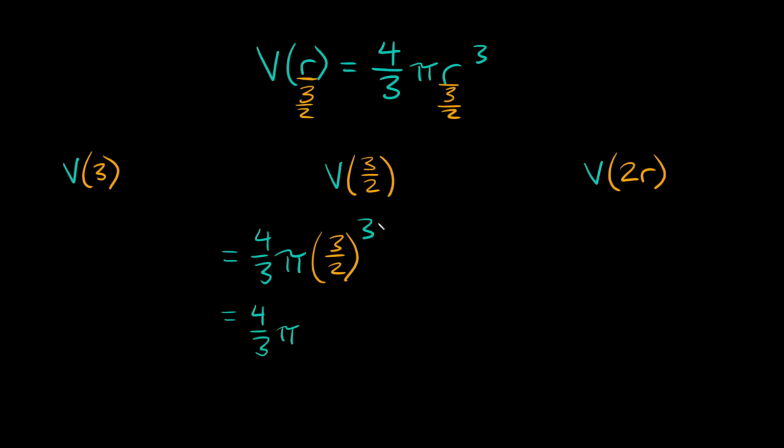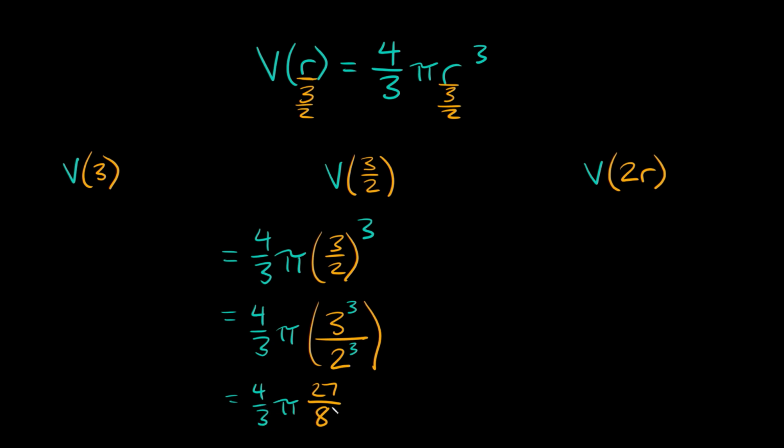Now, in order to apply an exponent to a fraction, you apply it to the top and to the bottom. So here, I'll make it a little bit bigger. On top, we're going to have 3 cubed, and that's going to go over 2 cubed. So then this is going to be equal to 4/3 times pi times, on top we get 27, and on the bottom, 2 cubed is equal to 8.